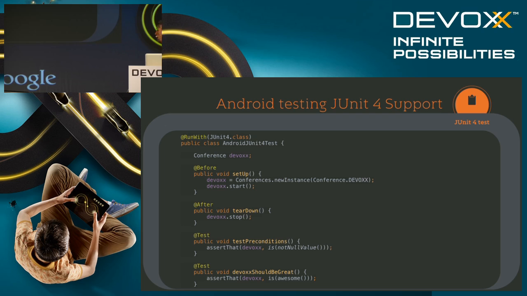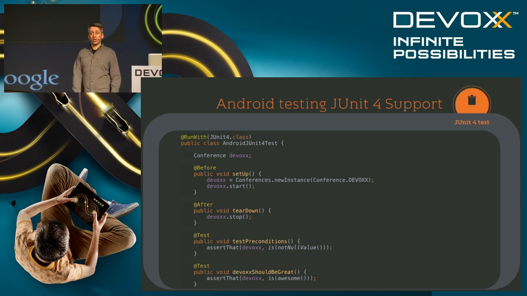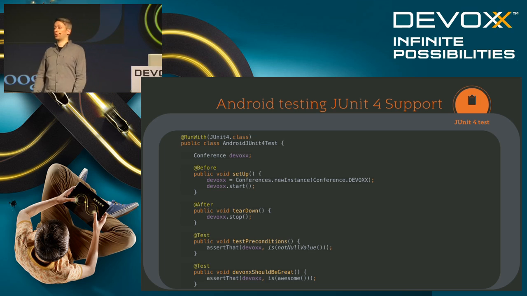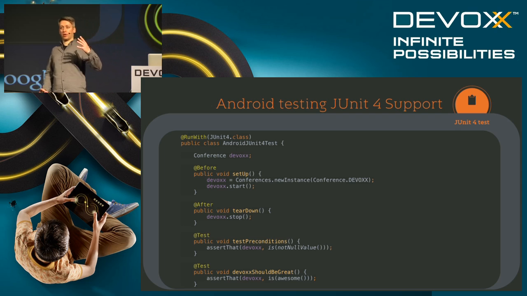Now the question is then, well, when should you use Roboelectric? When should you use instrumentation testing? It's a question I can't really answer for you. I can only present you all the tools. What we do is we make a mix. We really want to have some very fast executing tests, and that's most of the time, let's say, for instance, a certain intent is coming in my activity or whatever, and based on certain values in it, I want to do something with my state.